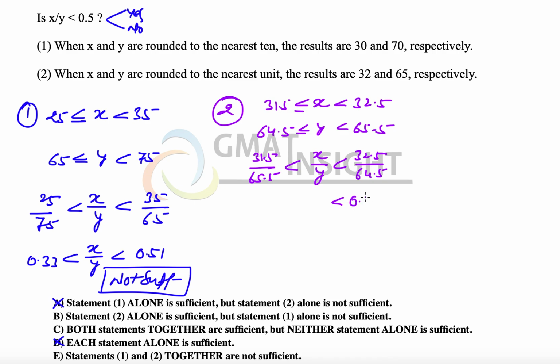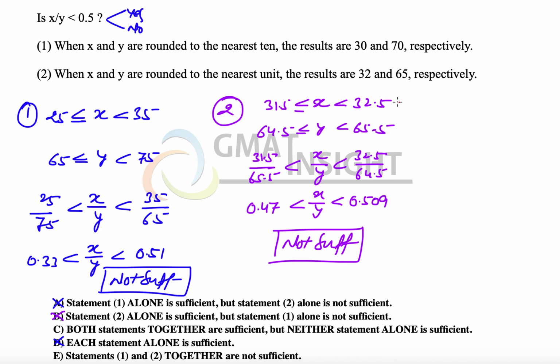Even if we take it as 0.509, then 0.5 comes in the range, and the left hand side value is definitely less than 0.5. I think it should be approximately 0.47 or something. I'm not exactly calculating, but it's definitely less than 0.5. So the answer could still be yes or no, and therefore we say that the second statement alone as well is not sufficient to answer the question, and option B also is eliminated.